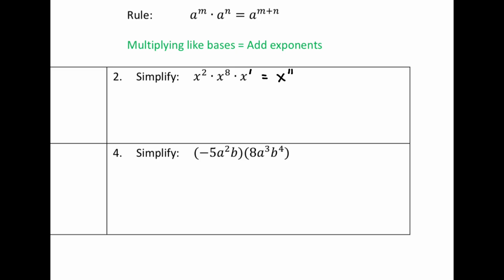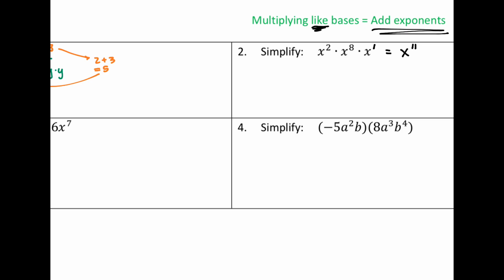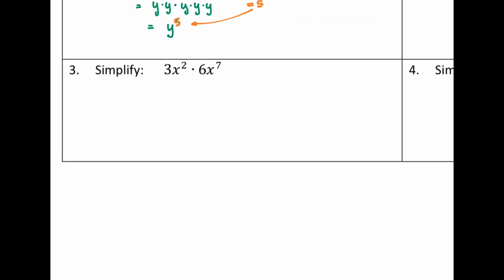Okay, so when the bases are the same or alike, you just add the exponents. Okay? So over here, we have multiple things happening, but we do have x's which are alike. So we're going to add their exponents.